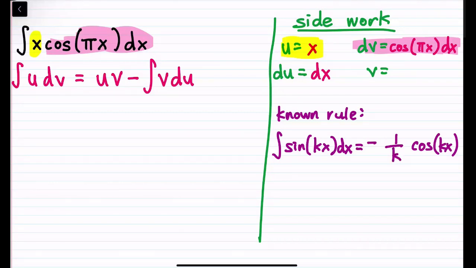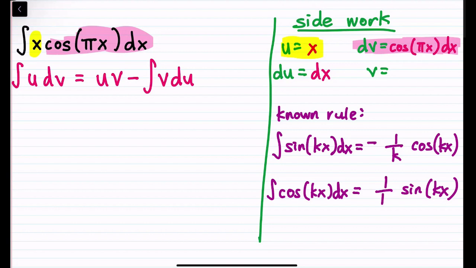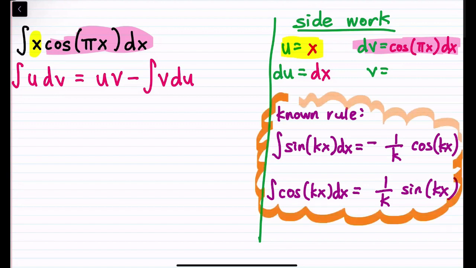And then next, if we take the integral of cosine of kx, again the integral of cosine is positive sine. In this case, that's sine of kx, sine of k times x, and our new constant is going to be 1 over k. Okay, so we'll draw a bubble around this if you want to keep this known rule in mind for your future use.